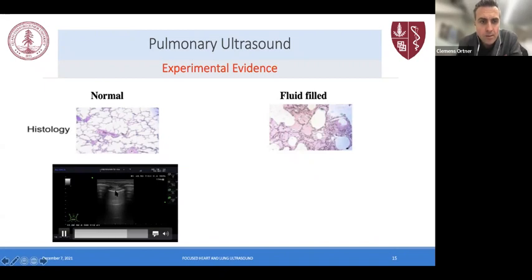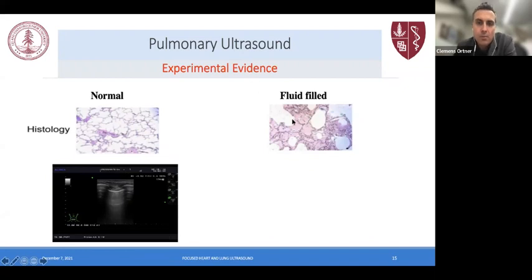So it calculates the second reflection as if it is coming from deeper, and the third reflection too, coming from even deeper. So the A lines are these parallel lines at the same distance as from the probe to the visceral pleura. And this is called the A line. You see this in a healthy, well-aerated lung.